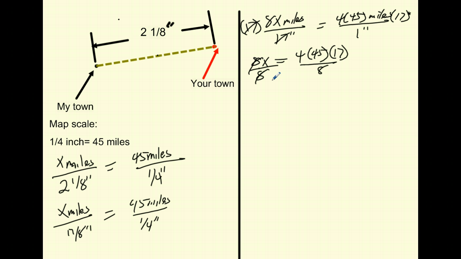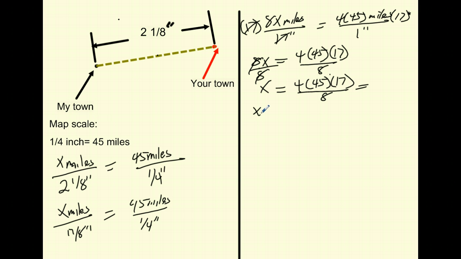8 cancels here. So we have x is equal to 4 times 45 times 17 divided by 8. And we break out our trusty calculator, and 4 times 45 times 17 divided by 8 is equal to 382.5 miles.